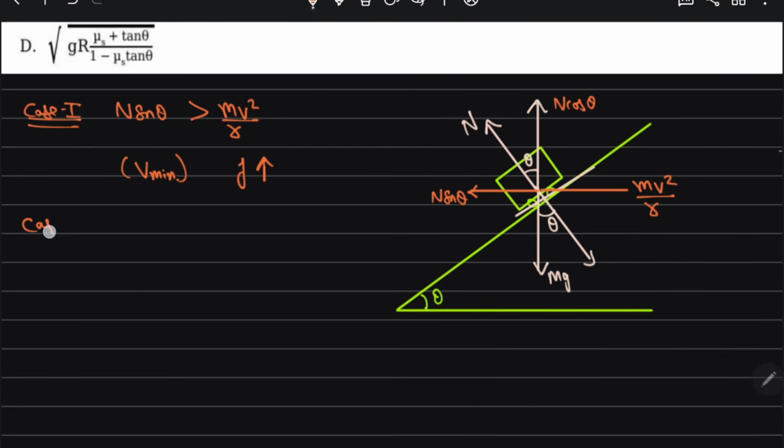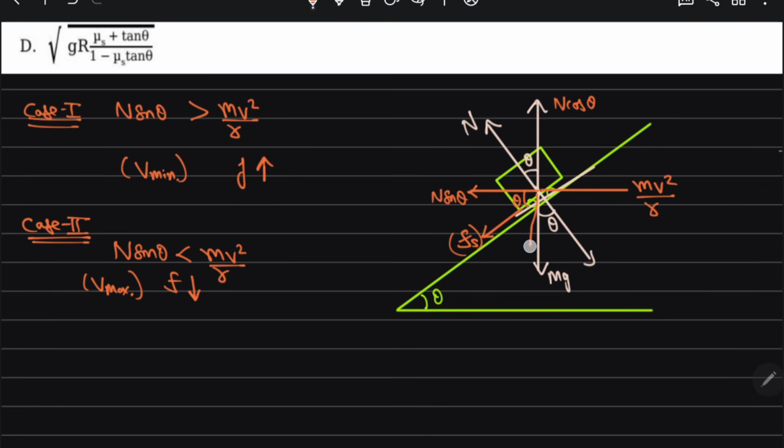In case second, N sin theta is less than mv square by r, so from here we get the maximum velocity and friction acts downwards. So friction acts here. This is the maximum limiting friction.